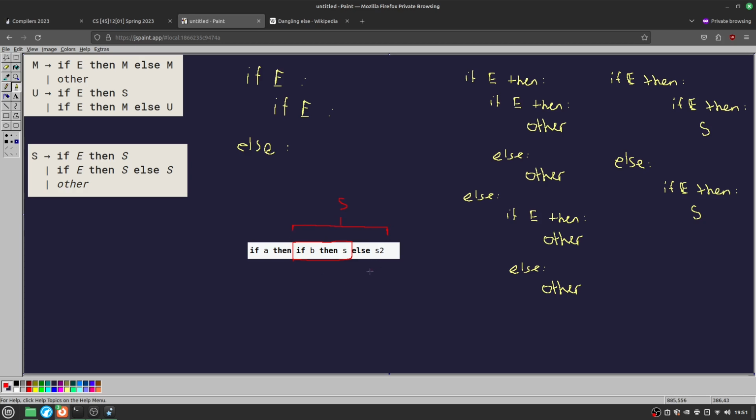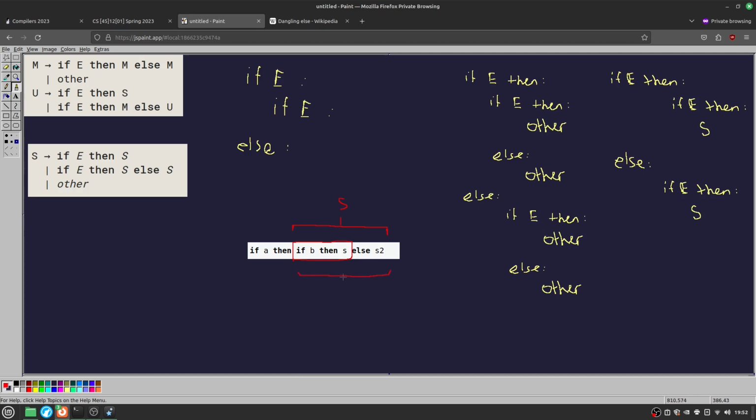So you have to treat that last bit as a full statement, then you go in and parse that statement separately, which is a matched statement.